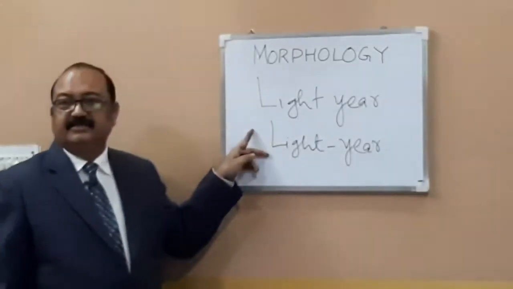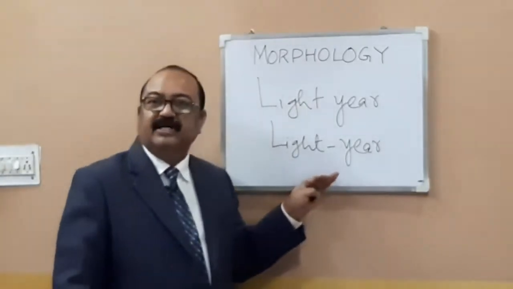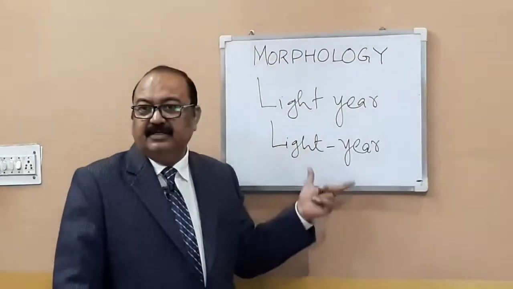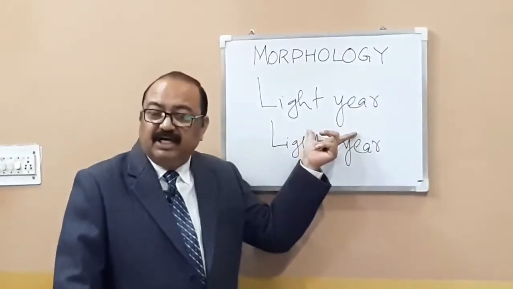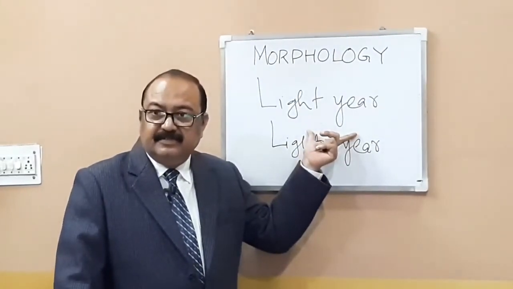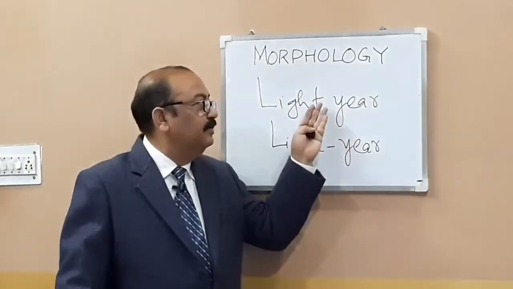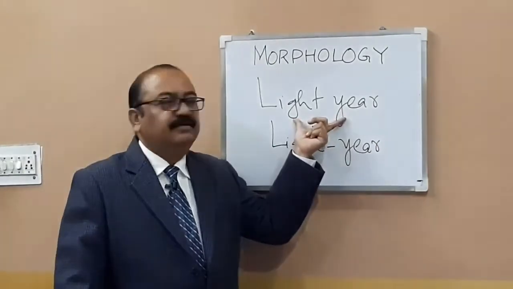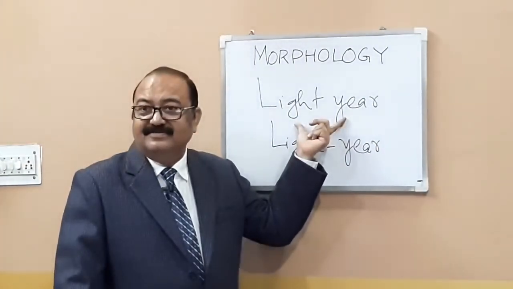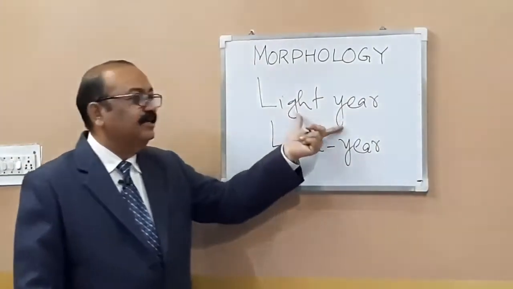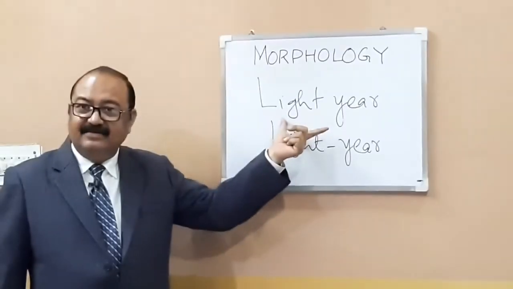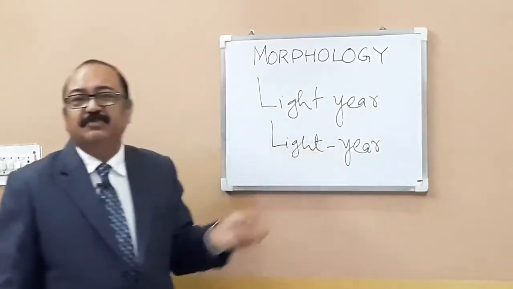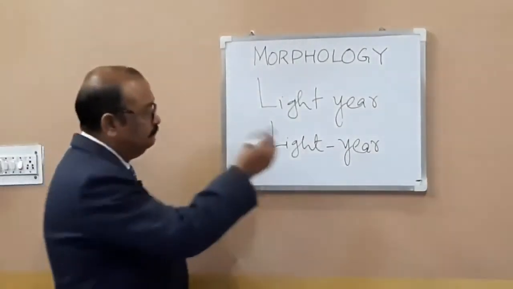And both these compound words are accepted, both are correct. You may write it with a hyphen or without a hyphen, as an open compound word, leaving a little space in between the two, because the combination is obvious. They retain their individual meanings, light and year. That's the point.